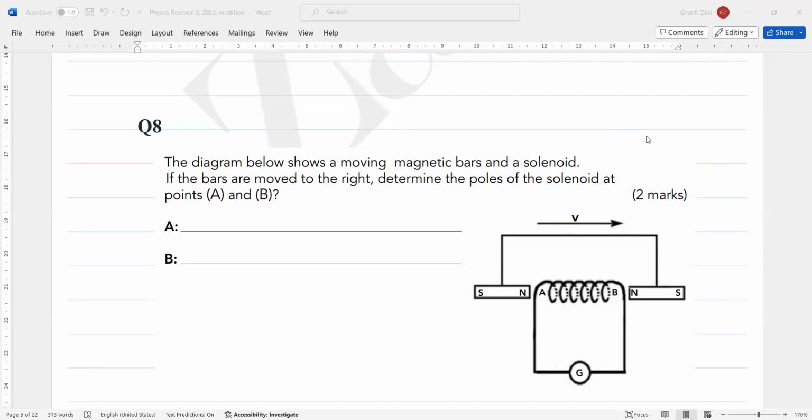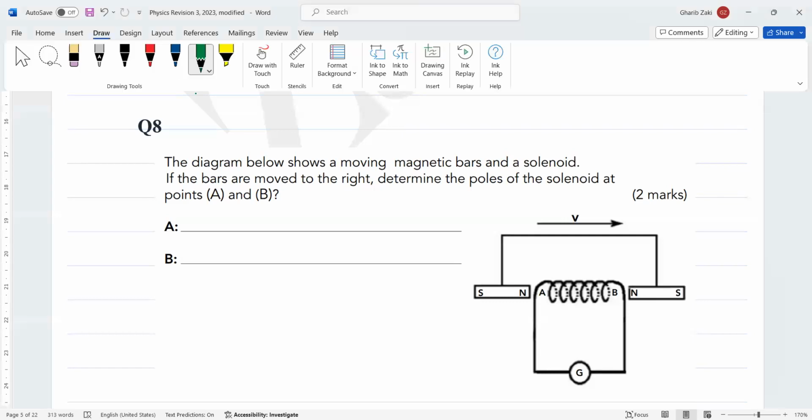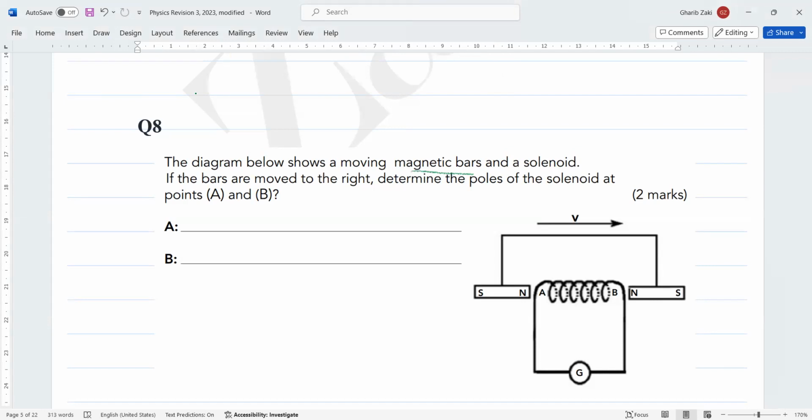Now, he said the diagram below shows a moving magnetic bar. So this is the bar magnet and the solenoid.